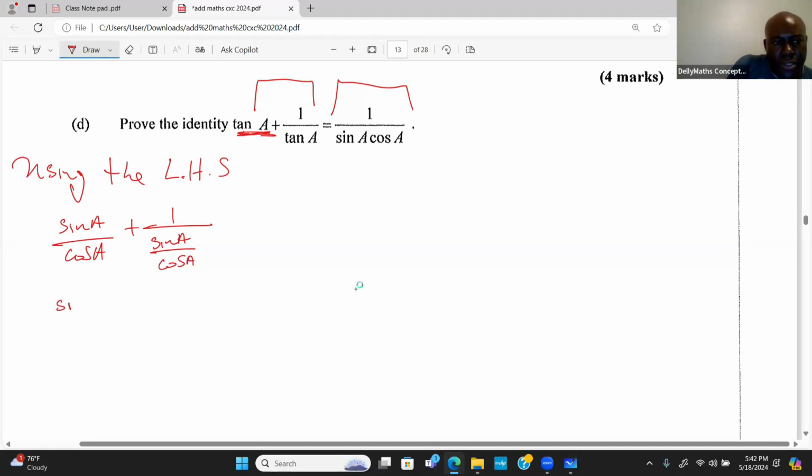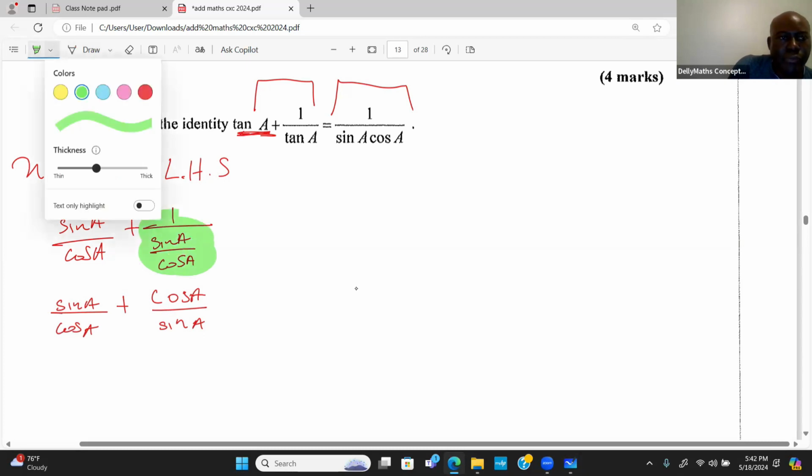So I'm going to rewrite this. So sine A over cos A plus, now I could flip this, I'm going to get cos A on top over sine A here, right? That is coming from this piece right here.